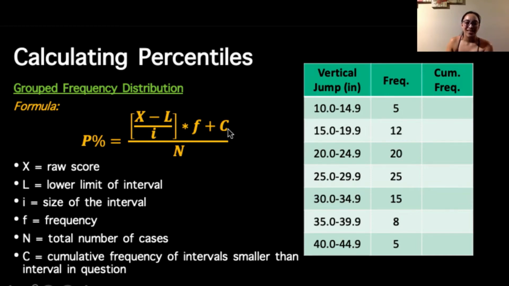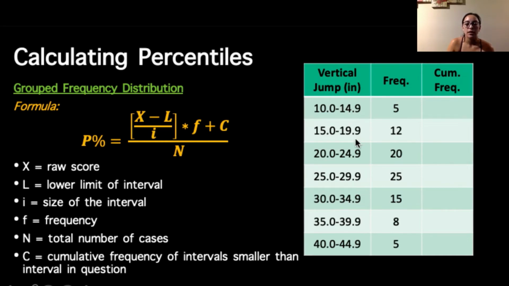C, this is a fun one for people to riddle out, is the cumulative frequency of the interval smaller than the interval in question. So let's say that I had a raw score that was between 15 and 19.9.